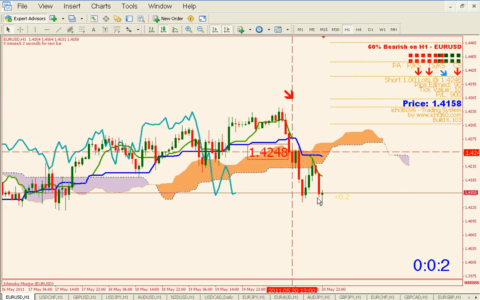When price is below your Kumo, you're bearish. When it's above the Kumo, you're bullish. And we're bearish right now. Your Chikou span is below the Kumo, so that's another bearish sign. Okay, this is a bearish twist with your Kumo, a Kumo twist. It's pretty bearish. All signs are showing bearish here.